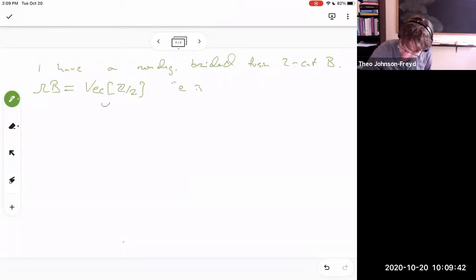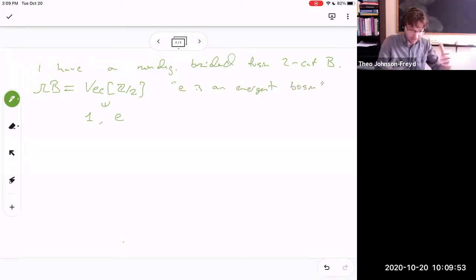The simple objects are just the vacuum and a particle I'm going to call E. The electron E is an emergent boson. I'll repeat that if I had a microscopic description, then microscopically, this thing that I think of as a particle in the low energy is actually some very complicated combination of excitations. But in the low energy, it's behaving just like a heavy particle. And let's try to classify these.